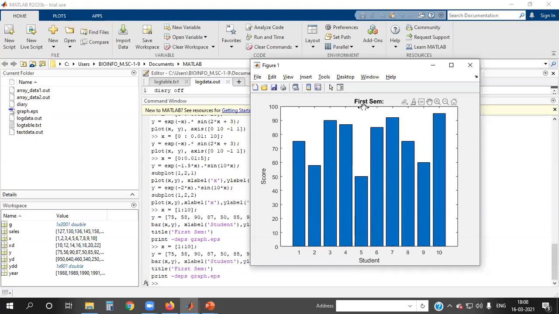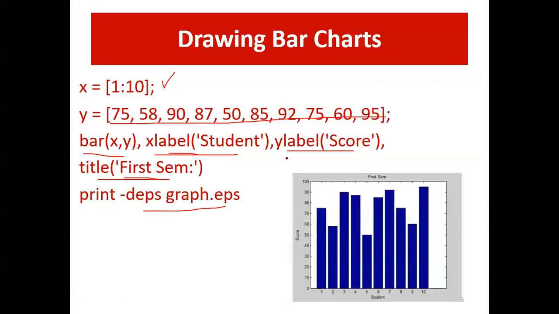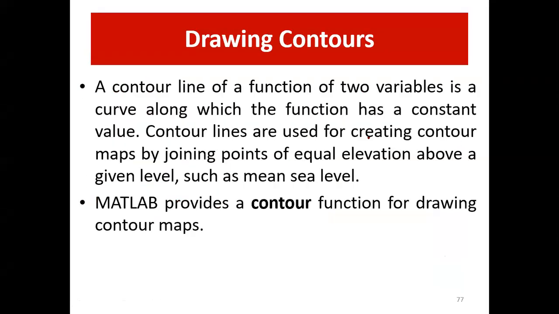So this is the way we generate various types of graphics with the help of MATLAB. Then another one, how we are going to draw contour images. A contour is a line of a function of two variables. It is the curve along which the function has a constant value.